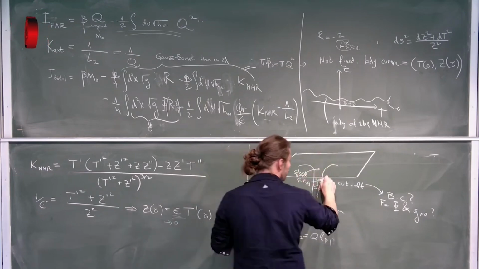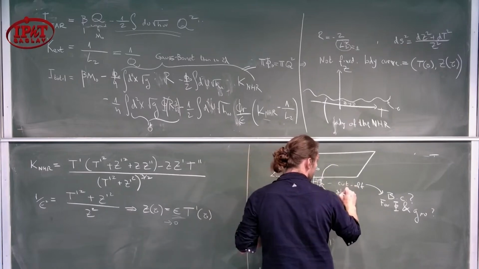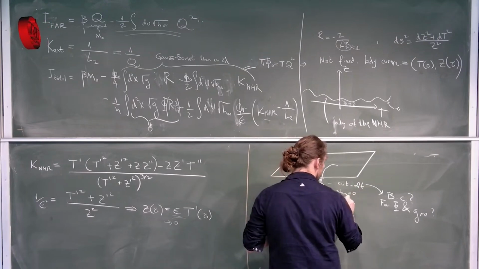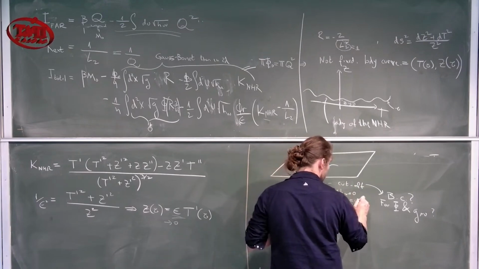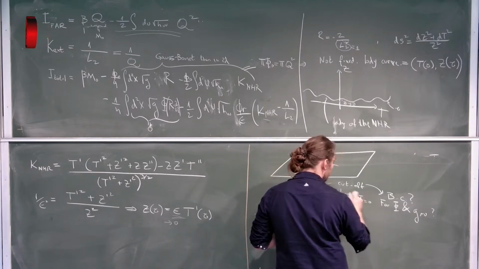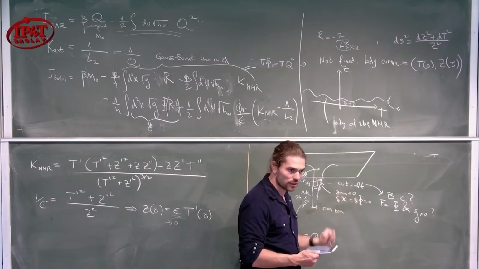And this fixed two things at the edge of the probe. It fixed what the metric is, and it also fixed what the dilaton is. So delta chi or delta phi is equal to 0. Here by delta chi or delta phi, I'm just indicating that these are the boundary conditions that I'm setting.